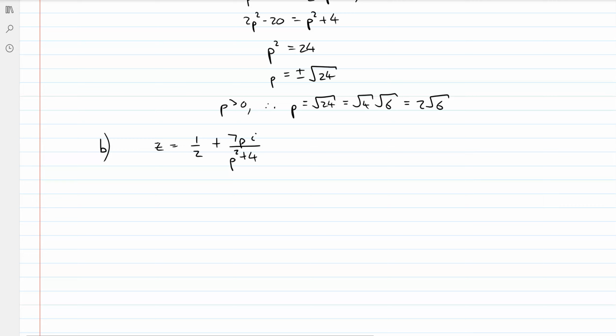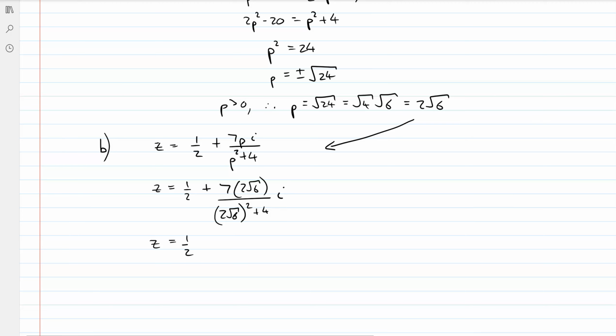So we just now need to put our value for p in here, and we get our full value for z. So this is a half plus, so we can get 7 times p over p squared plus 4, and just put the i afterwards.